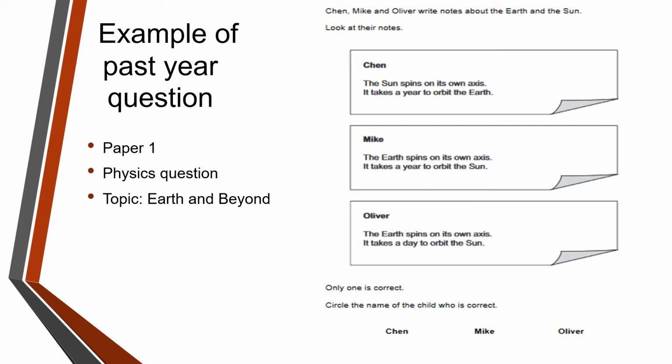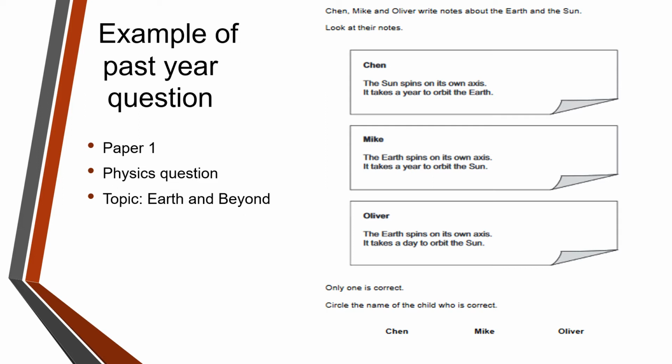Next question, also from paper 1, physics question, the topic on Earth and beyond. So let's read the question together. Chen, Mike and Oliver write notes about the Earth and the Sun. Look at their notes. Chen said, the sun spins on its own axis.